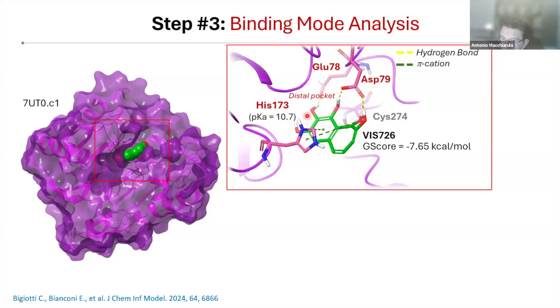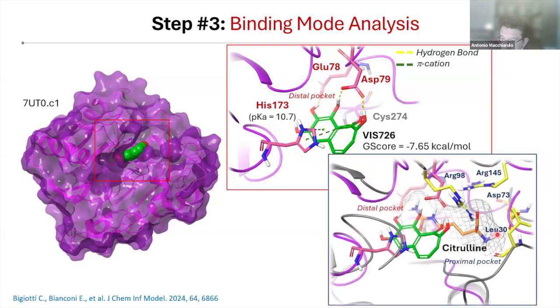Now, if we compare this binding mode with citrulline, that is the available crystal structure of DDH1 in the product reaction, we can see that purpurogallin actually occupies only half of the catalytic site, and in particular a distal pocket located close to cysteine, but far away from a proximal pocket where the amino acidic moiety of citrulline engages residues of the binding site.